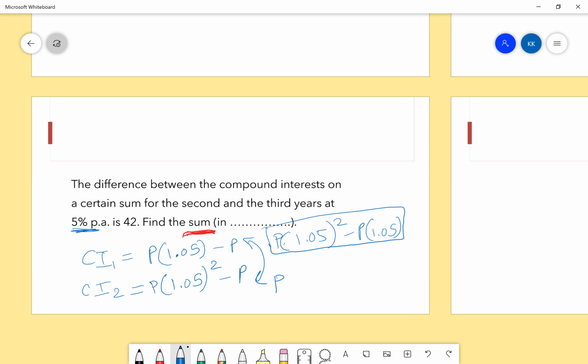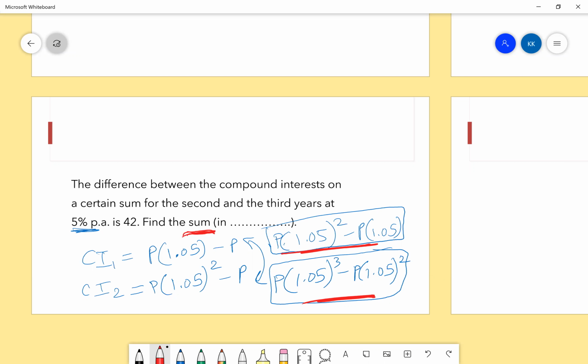Similarly, till the third year, on similar lines, it will be this. Now, according to the question, the difference between this and this is 42.